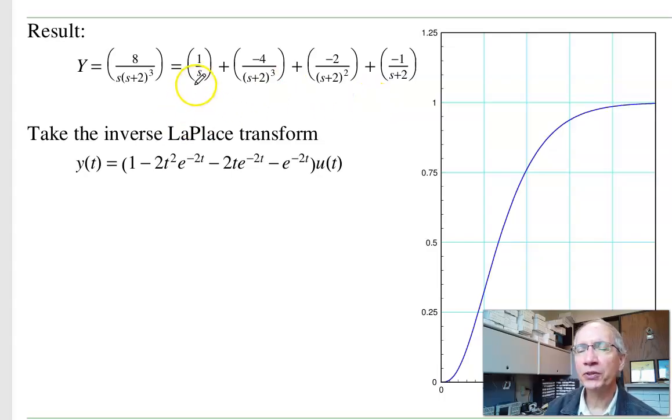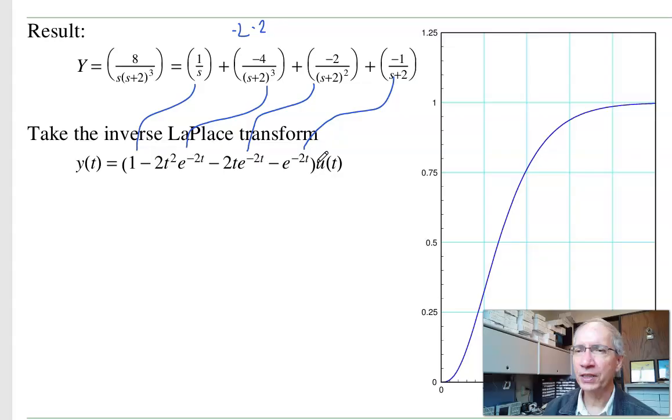Take the inverse Laplace transform, there's 1. This is 2 over s plus 2 cubed is t squared. I have an extra 2, so that's minus 2 times 2. 2 goes into the inverse Laplace transform times minus 2. Here's the t e to the minus 2t term. Here's the e to the minus 2t for time positive. There's the inverse Laplace transform.